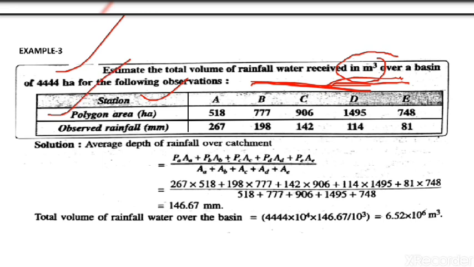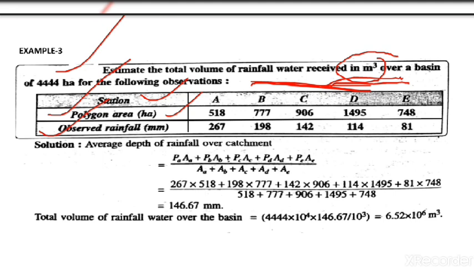Second is the polygonal area, same as the previous problem. Polygon areas are also given in ha, that means in hectare units, and the observed rainfall is also given in mm.